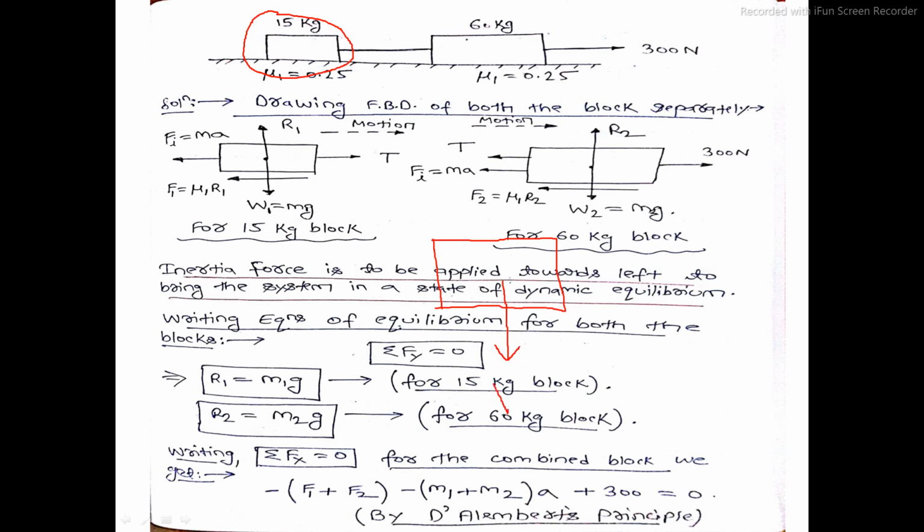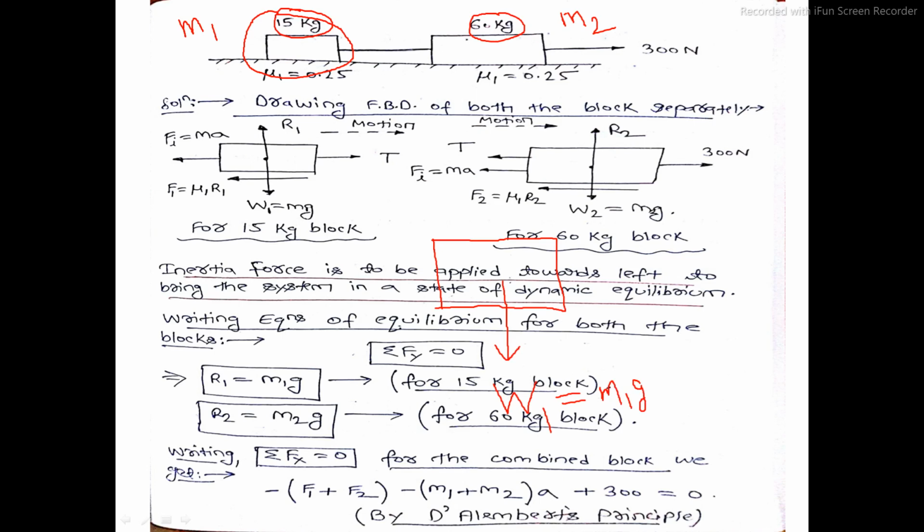Let that weight be denoted by W1, and W1 is m into g. Suppose M1 is the mass of the first block, and that mass is 15 kg, and M2 is the mass of the second block, and that mass is 60 kg. That means W1 is equal to M1 g.